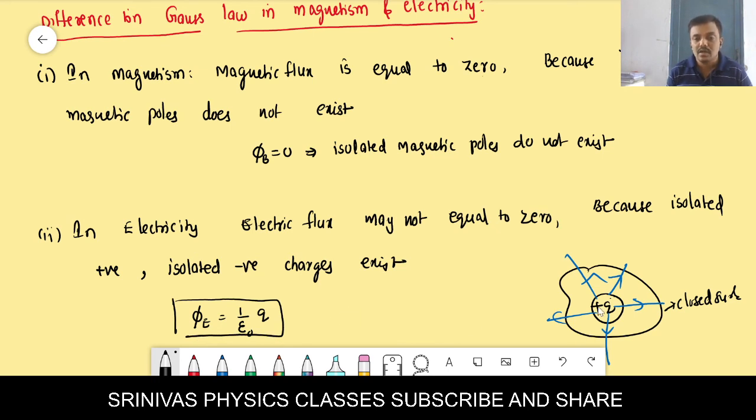If there is that much positive charge and that much negative charge, then electric flux is also zero. But it is not compulsory for a negative charge to be present, because in electricity only positive or only negative charge can exist. But in magnetism, only a north pole or only a south pole does not exist. Magnetic poles always exist in pairs, not single. Okay, this is today's topic.